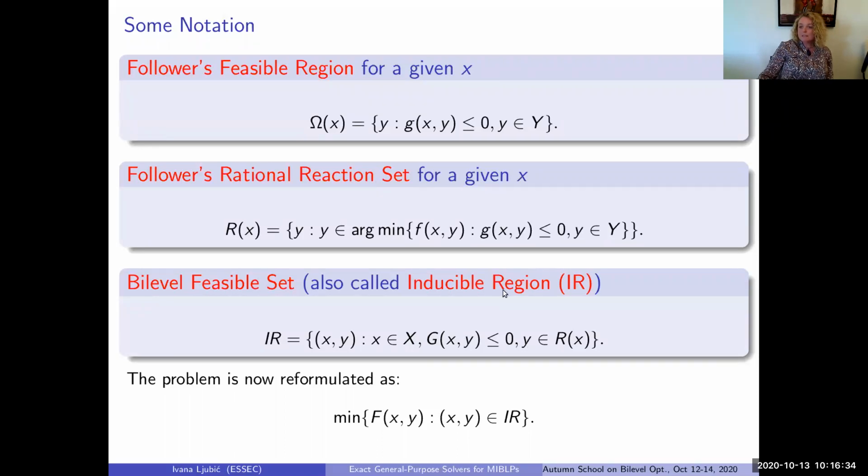And so sometimes in the literature, this is also called the inducible region. So I will interchangeably use the terms bilevel feasible set or the inducible region when referring to these points. Okay, now we can simply reformulate the bilevel optimization problem as: minimize the objective function of the leader while making sure that you are exploring all bilevel feasible solutions.